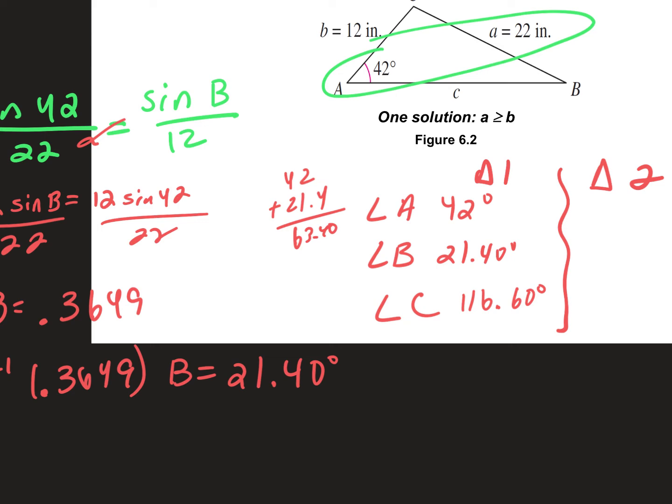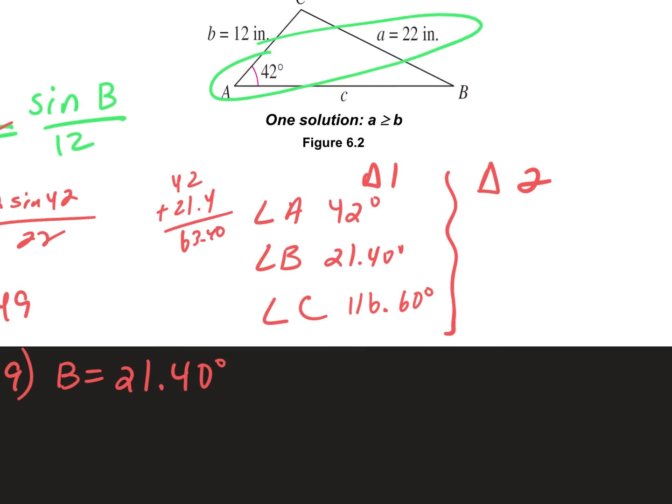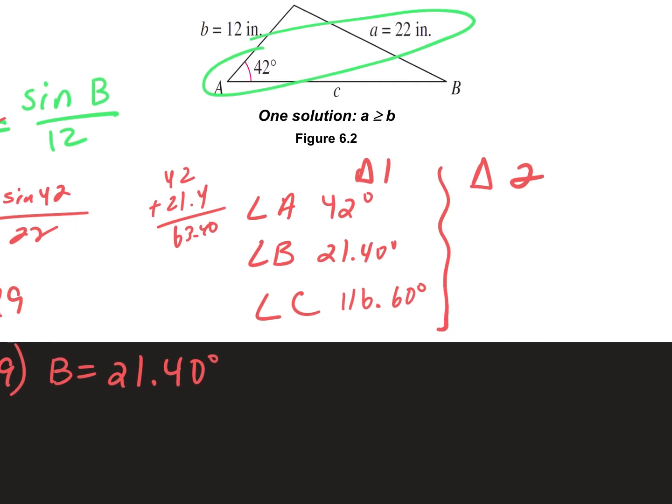But how do you figure out if there is a second triangle? If there was a second triangle, the given angle would still be in that triangle. So the given angle was 42 degrees. In order to see if there is a second triangle, and we're going to do a bunch of these, so don't get confused, I just found angle B. We're going to find the supplement to angle B. What does supplement mean? 180 minus.